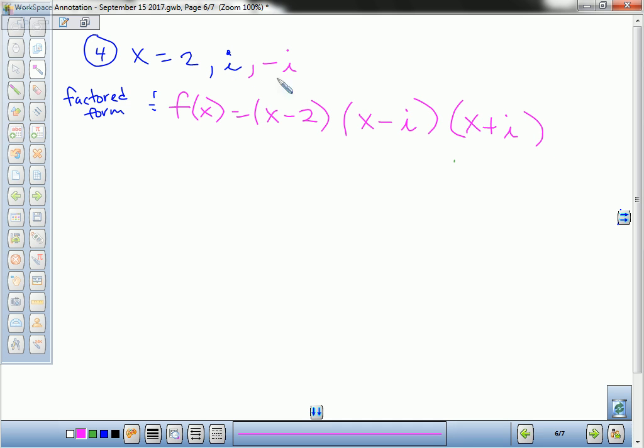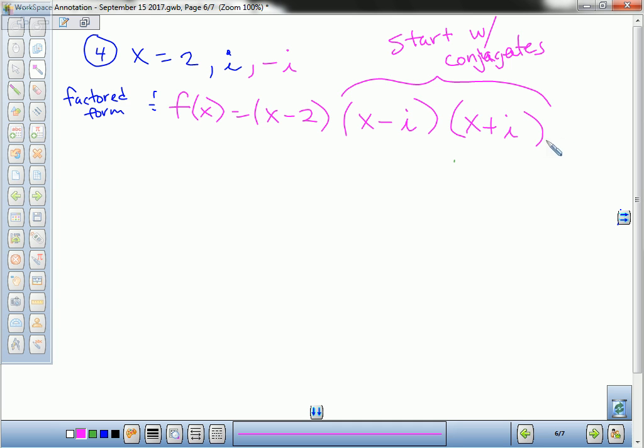Okay, when we have roots or zeros that are opposites, once you write those as factors, you start here. Always start with your conjugates or your opposites. And the reason is, if you start here, it looks a lot nicer, a lot faster.